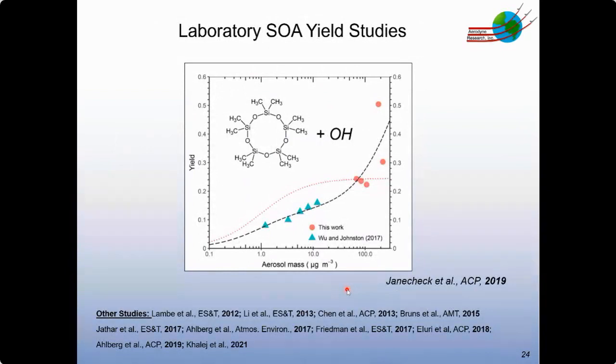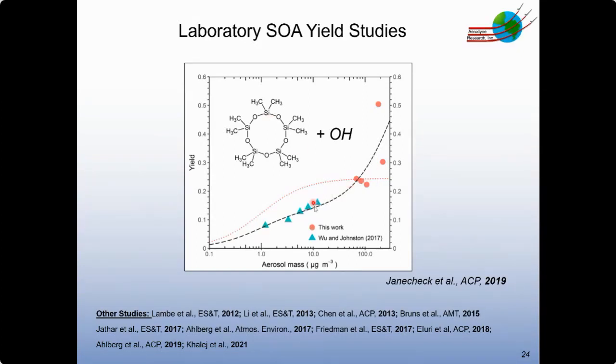A lot of groups have done studies to measure the yields of SOA from different precursors of interest, either motivated by field measurements or just motivated by the current state of the science and open research questions. Here is an example using an OFR to oxidize decamethylcyclopentasiloxane, or D5, which is a volatile chemical product that's used in personal care products and other anthropogenic sources.